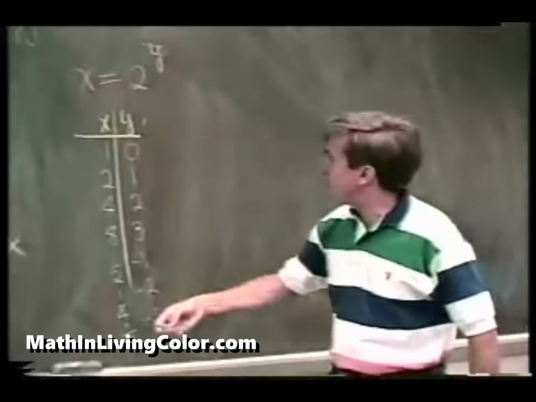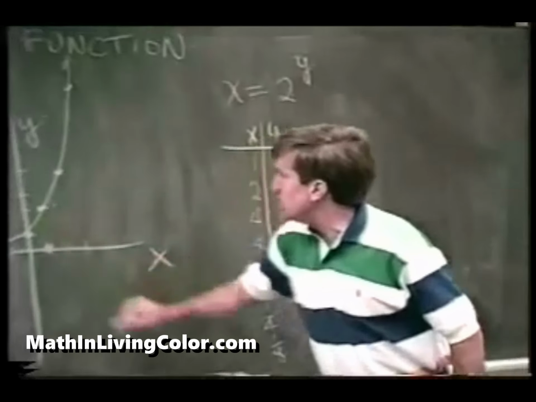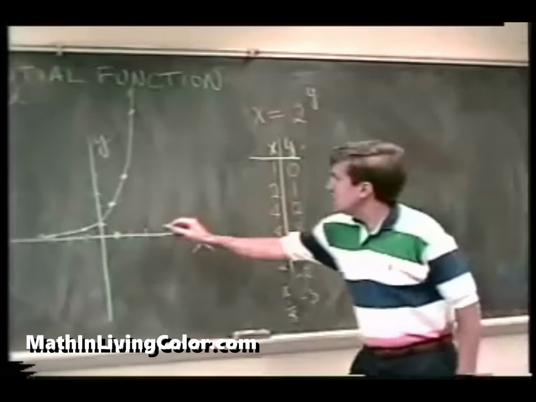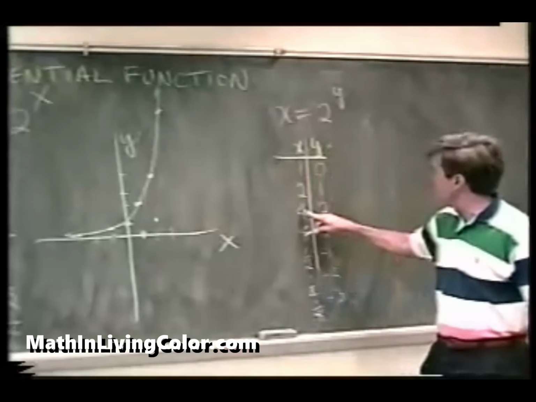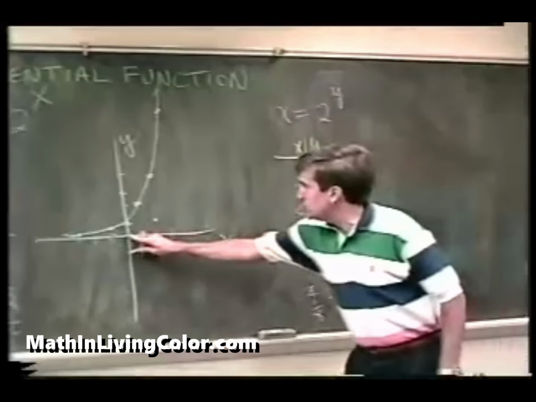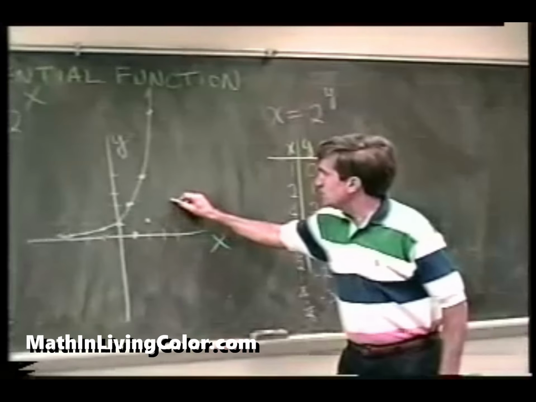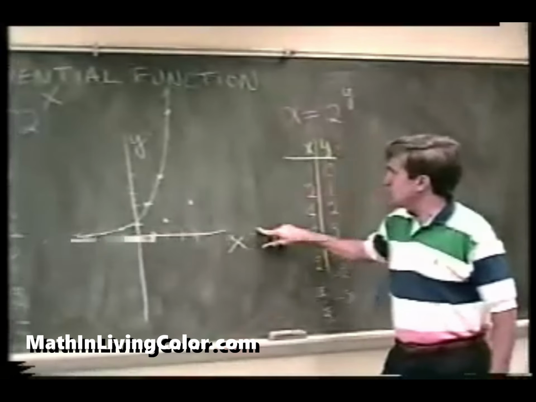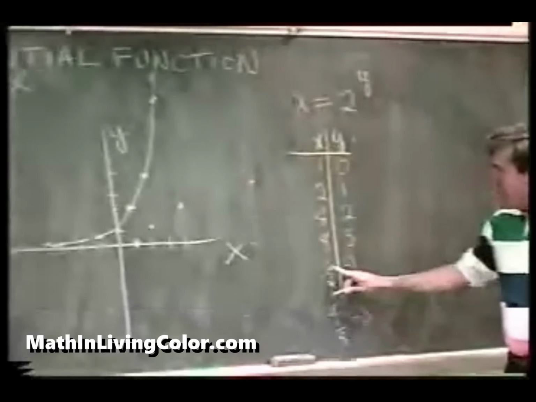Now graph these points. If x is 1, y is 0. If x is 2, y is 1. Over 2 and up 1. If x is 4, now we have to move over 4 units and up 2 units. Over 8 goes up 3. Now how about x equals 1/2?